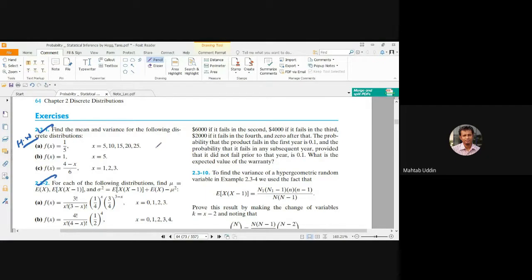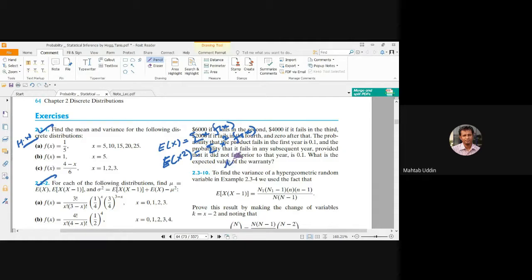First find the expectation of x: each x and its probability have to be multiplied and then added. Then the expectation of x square, which is the sum of x square times probability, same thing but take x square instead of x.